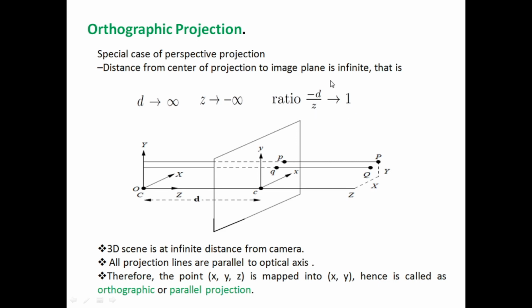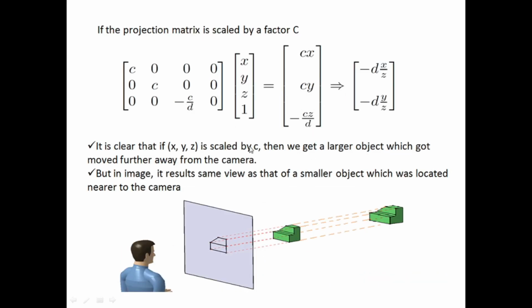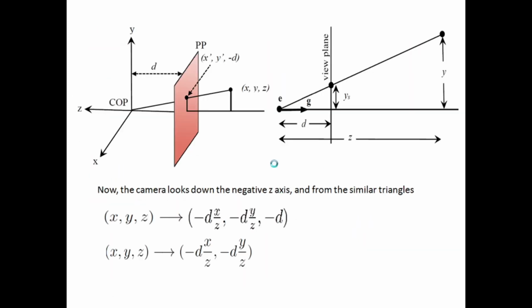Why am I stressing minus d by z here? Because this d by z is obtained from here, right? This is d by z into small y, this is d by z into small x.